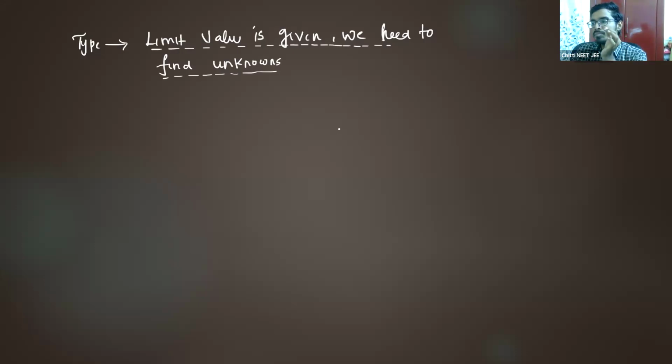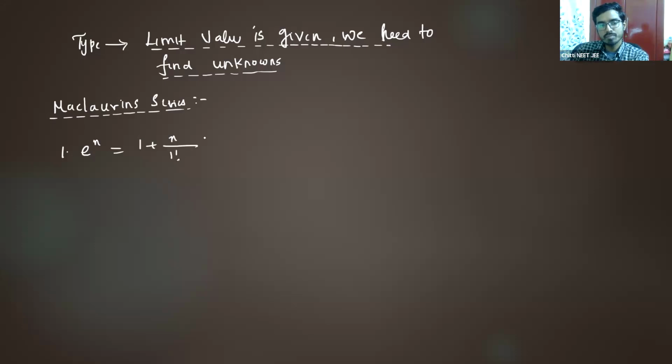Maclaurin series we will discuss briefly in the upcoming lectures. But as of now, I'm going to write down the Maclaurin series formulas, right? Maclaurin series expansions. This is just 11th standard, 12th standard level calculus. The expansion of e power x is 1 plus x by 1 factorial, x square by 2 factorial, x cube by 3 factorial, x power 4 by 4 factorial, and so on.